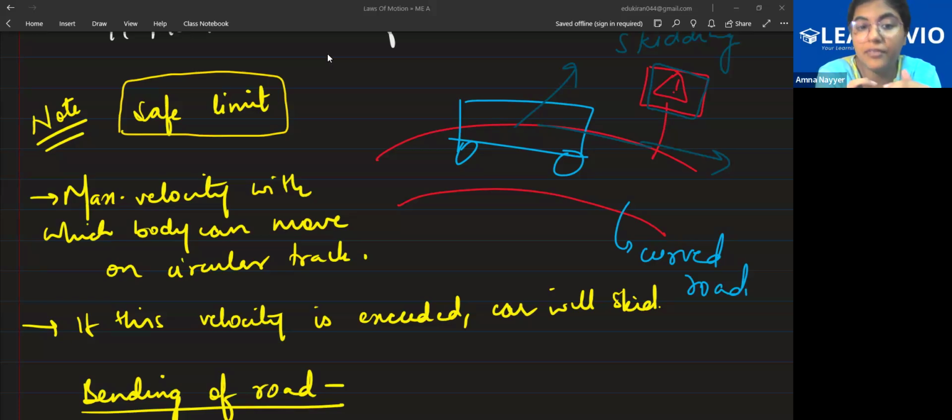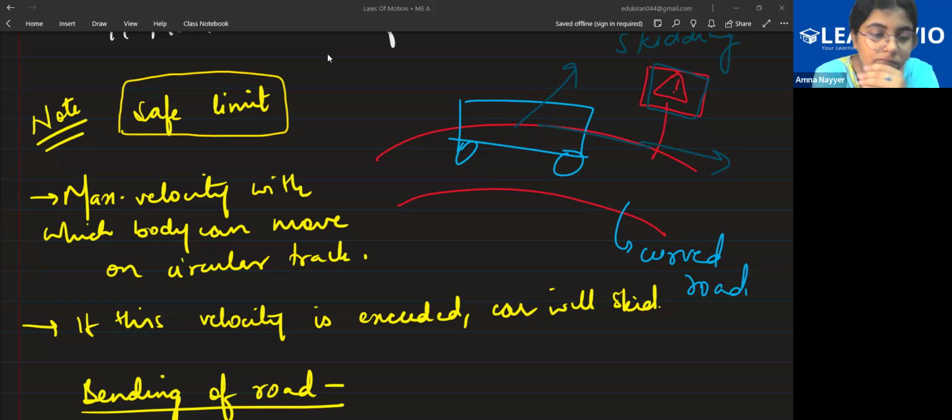Like the portion that we have started, dynamics of circular motion, that is actually a part of laws of motion. So only that was to be completed, but it's better if we complete the entire circular motion in one go. So you also have all the notes at one place together, and it's easier for you to correlate the things which you would not have done if we had not written the things together.